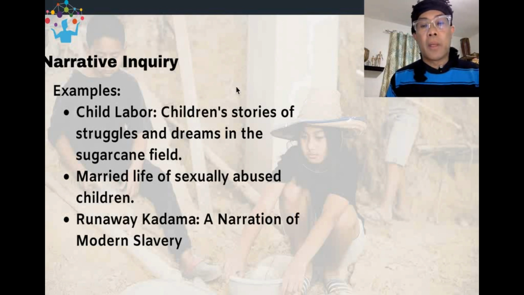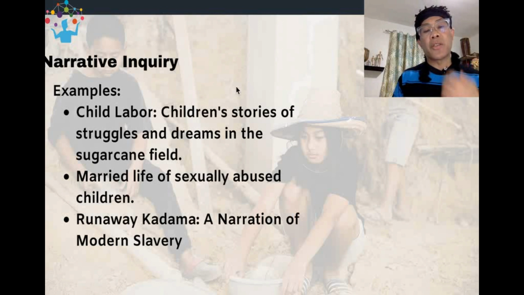I listened to very painful stories of children who are into child labor. When you listen to their stories, struggles and dreams, the children are able to expound more on the situation, the difficulty, the pain, the challenges. There's so much that we don't understand about the struggles of children who are child laborers.